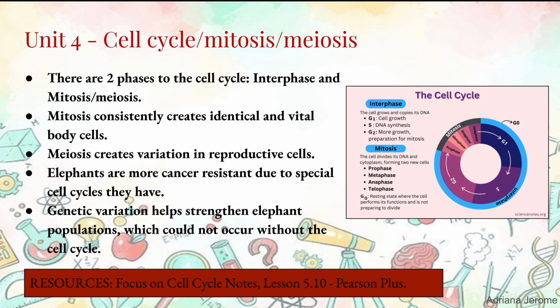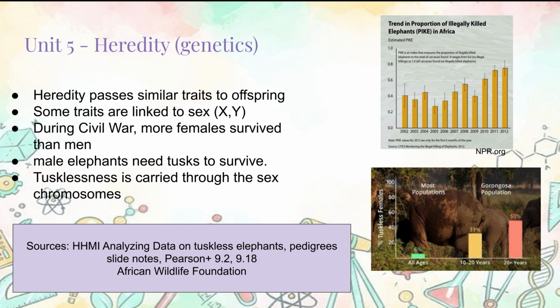This is a large contributor to various traits in different elephants. This variation helps ensure that elephant populations remain strong over time. We found this information in the Focus of Cell Cycle notes and Lesson 5.10 on Pearson Plus.